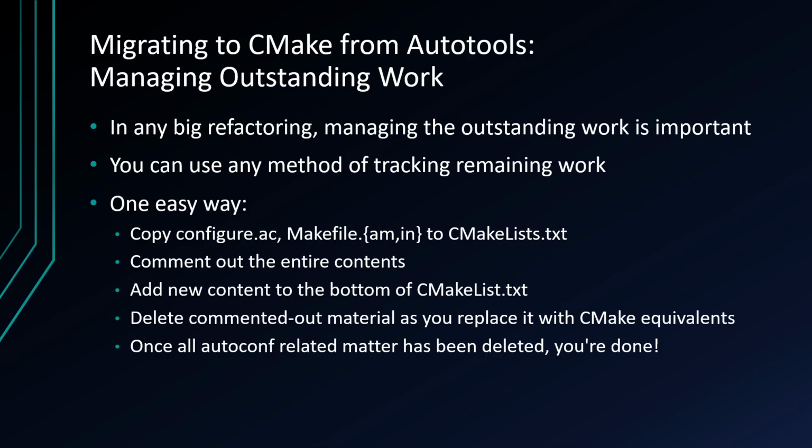But one easy way to do this, and this is what I did in my little example library, is to take the configure.ac and the makefile boilerplate, copy that into the CMakeLists, and then just comment it all out. The hash character is the comment character in the CMakeLists.txt. You just put a hash character in front of every line. Add your new content to the bottom and delete the commented material as you replace it with whatever the CMake equivalent is. And once all that stuff's been deleted, then you know that you're basically done, and there's nothing left that you need to move over.